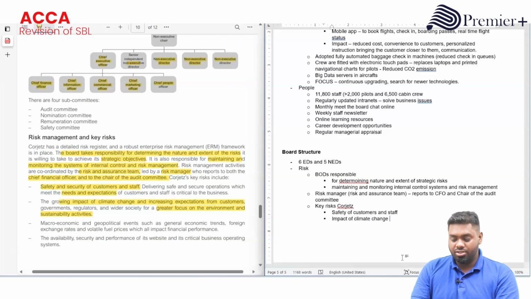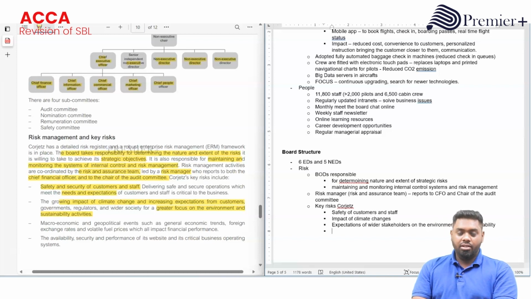Impact of climate changes as well as expectations of wider stakeholders on the environment and sustainability.